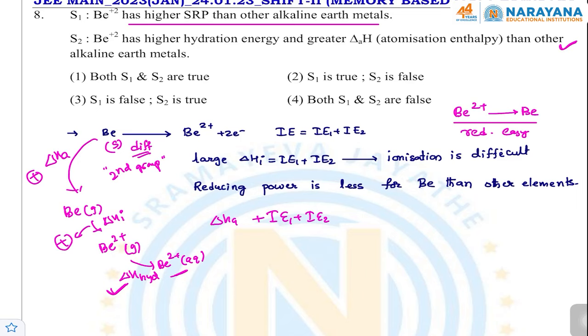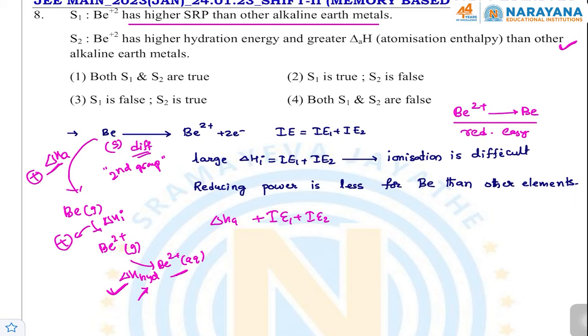Now we can see the higher SRP of beryllium. What is causing beryllium to have higher SRP? Beryllium is getting converted to beryllium +2. Though there is a large negative hydration enthalpy, due to its high atomization energy and ionization energy, oxidation of beryllium to beryllium +2 is difficult.